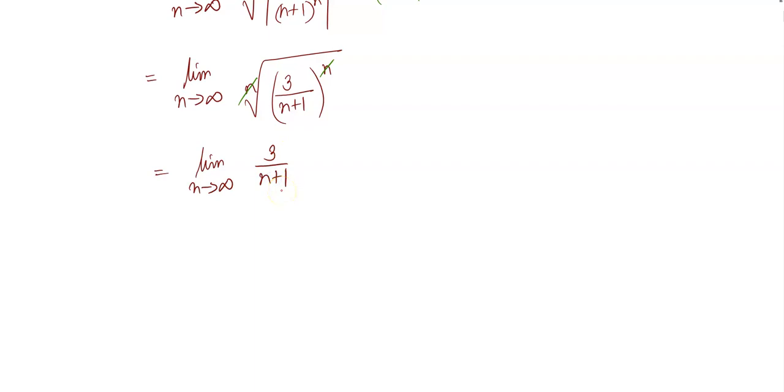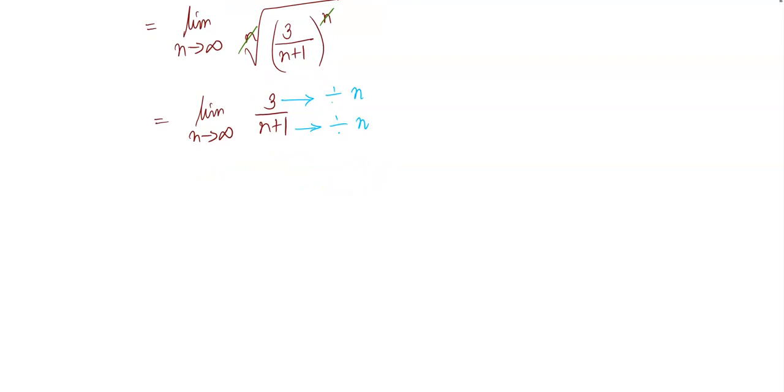As always, you want an n in the denominator. So divide by n. You know that you're dividing by n just because n is the highest power in the denominator. Right? So divide by n, and that will give us 3 over n over 1 plus 1 over n.